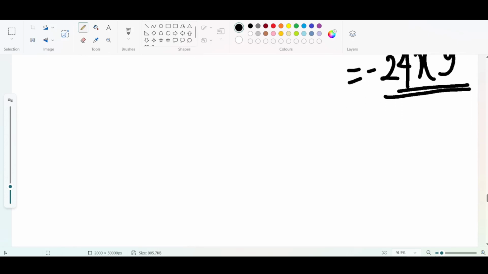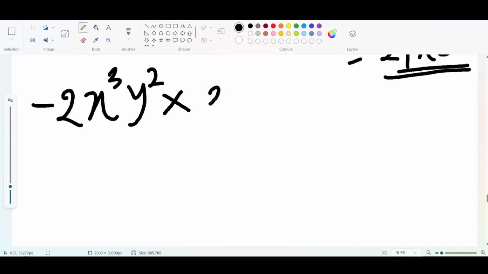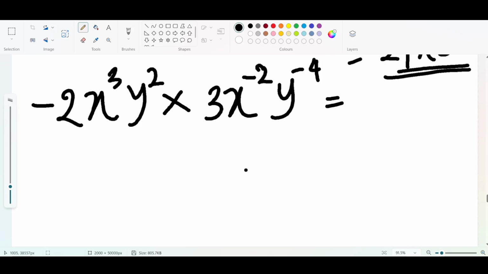When we have something like minus 2 x raised to power 3 y raised to power 2 times 3 x raised to power minus 2, then y raised to power minus 4, what is the answer? The first thing we do is multiply the coefficients.